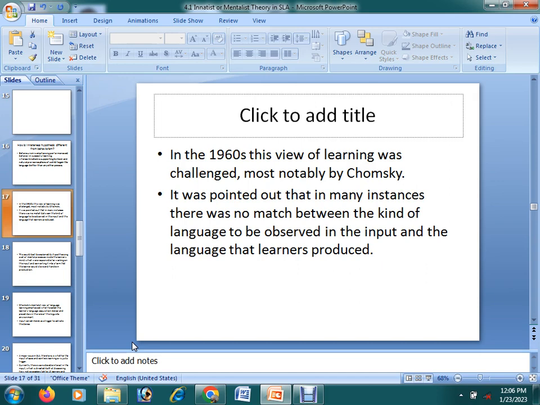Okay, so after the birth, if we put a child in isolation, that means after birth the child will be kept in a room. Anybody will not be talking to him or her. What will happen? Because Chomsky said we will learn language naturally.